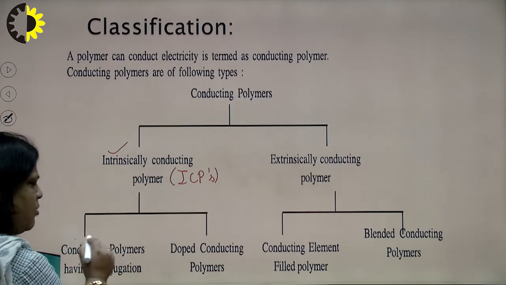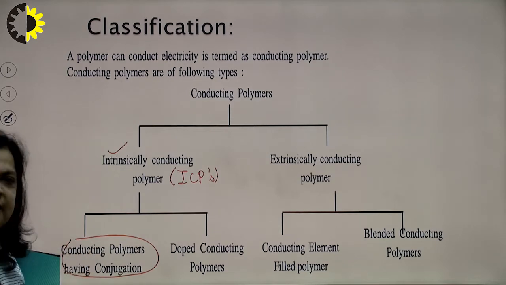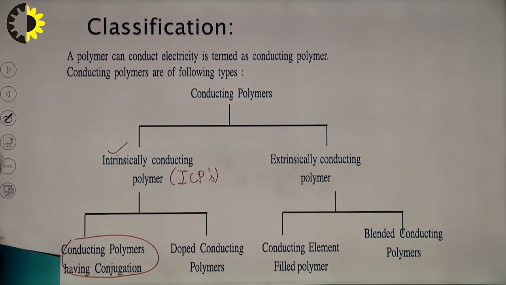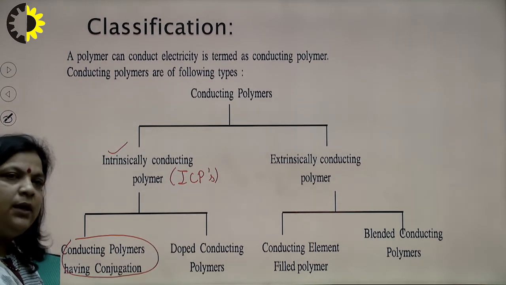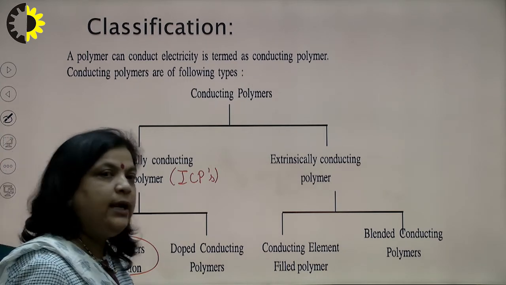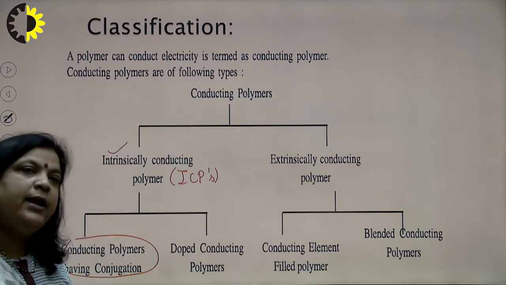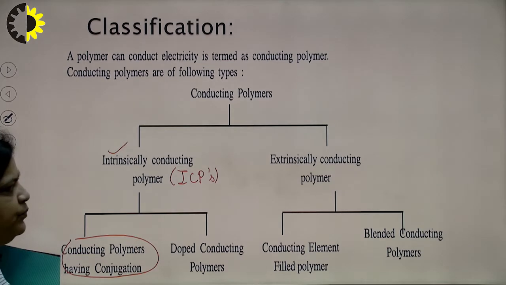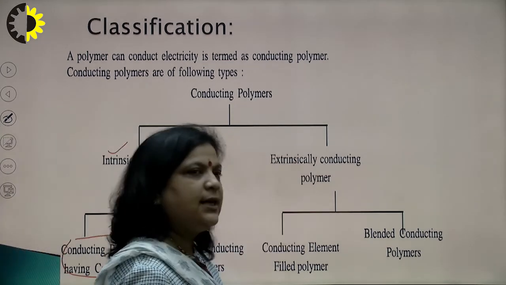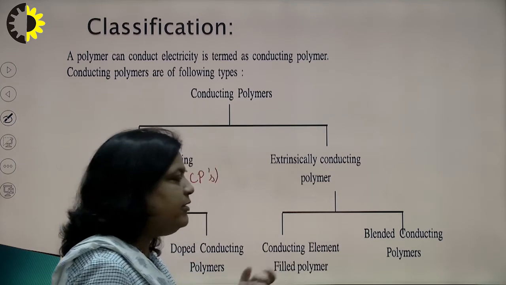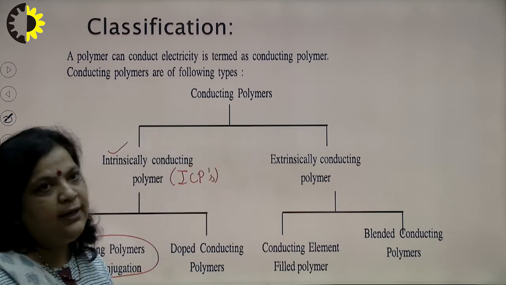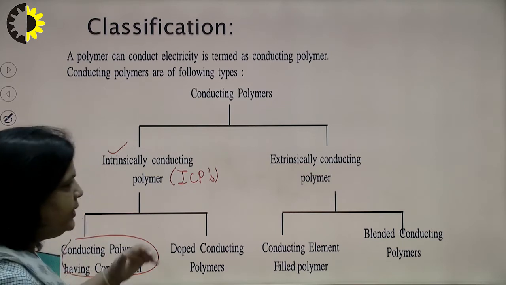First is the normal one, that is conducting polymer having conjugation, double bond and single bond in alternate manner, and next is doped conducting polymer. Doped conducting polymer means creating a positive or negative charge by oxidation or reduction. Second, extrinsic conducting polymer, again of two types: first, conducting element filled polymer, or blended conducting polymer. So, we discuss one by one.